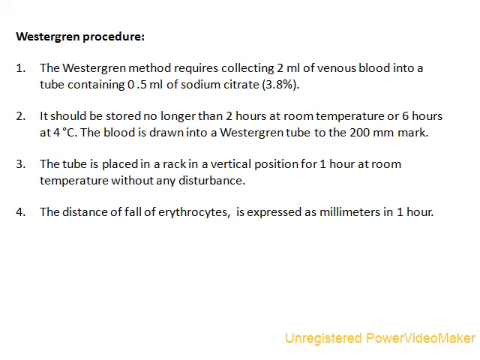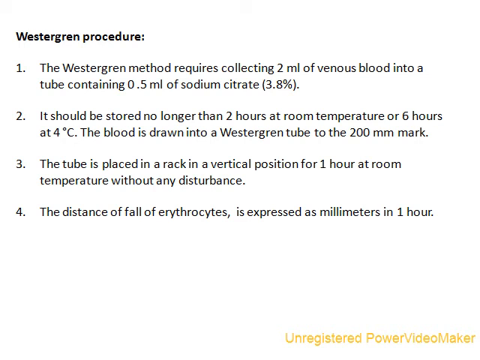Westergren procedure. The Westergren method requires collecting 2 ml of venous blood in a tube containing 0.5 ml of 3.8% sodium citrate. Remember, I've told you sodium citrate is an anticoagulant that prevents clotting of blood. After collecting the blood, it should be stored no longer than 2 hours at room temperature or 6 hours at 4 degrees Celsius.